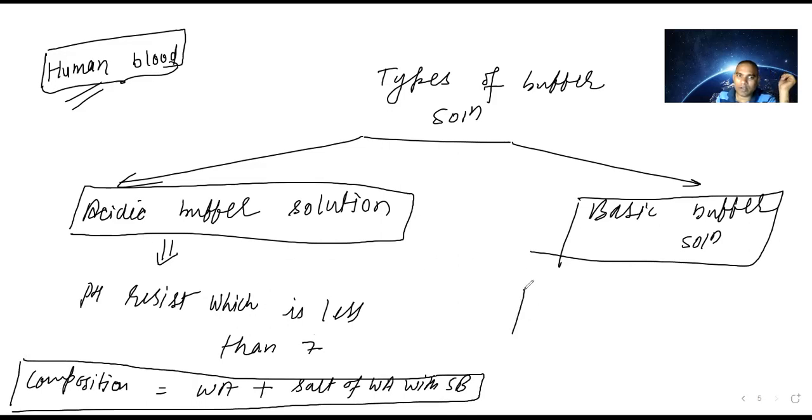If you are talking about a basic buffer, it resists pH change, and the pH is more than 7.